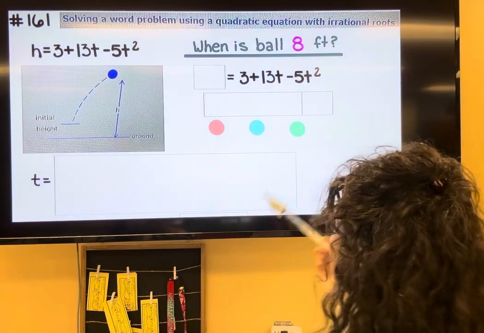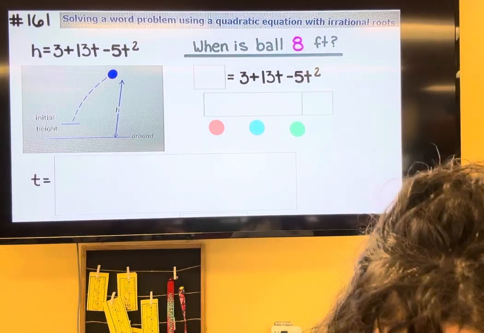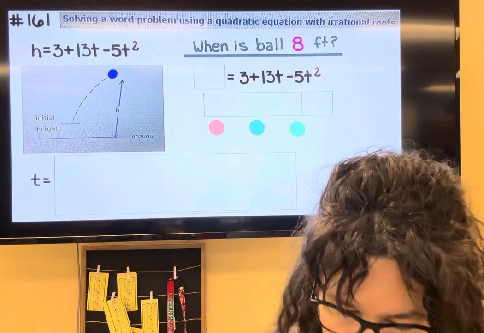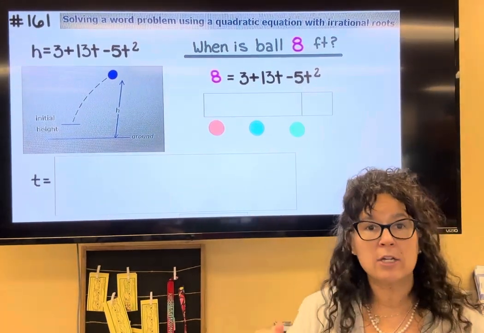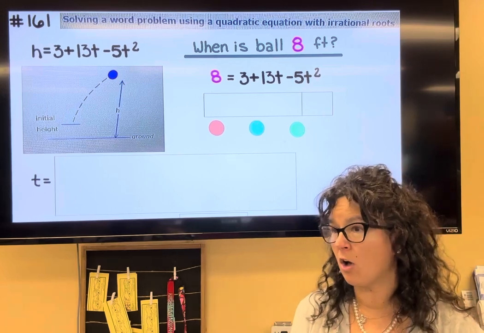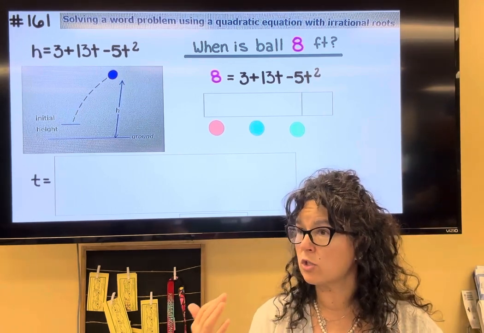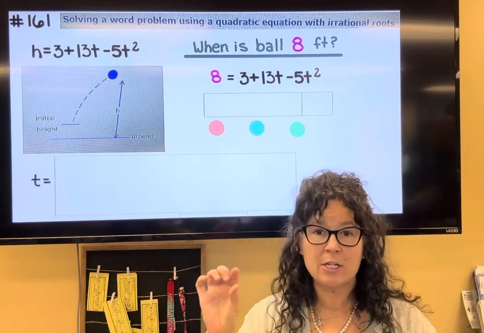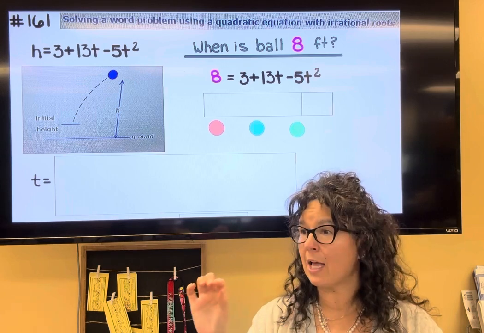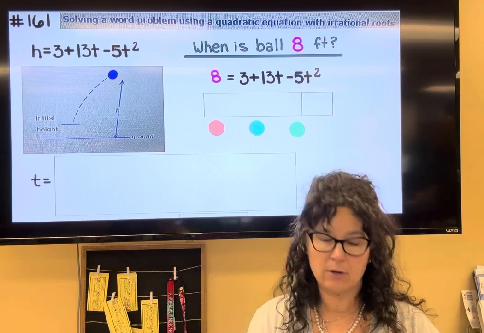Diving into the math here, if the height is 8, I'm just going to replace the h in the equation with the number 8. I have a quadratic equation, and a surefire way to solve a quadratic is to use the quadratic formula, but that requires me to rewrite the equation to look like ax squared plus bx plus c equal to 0.